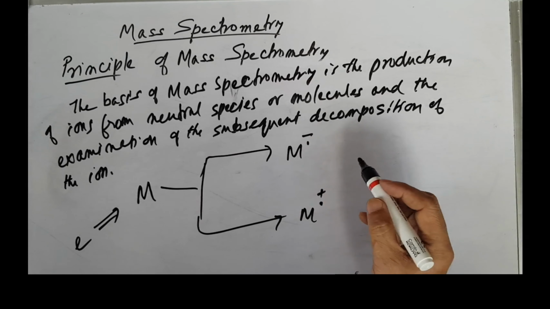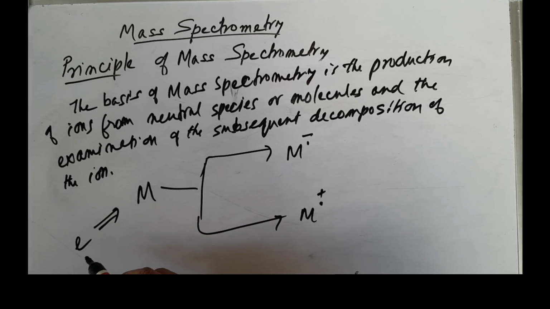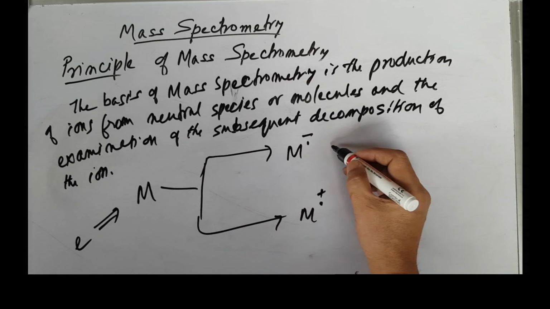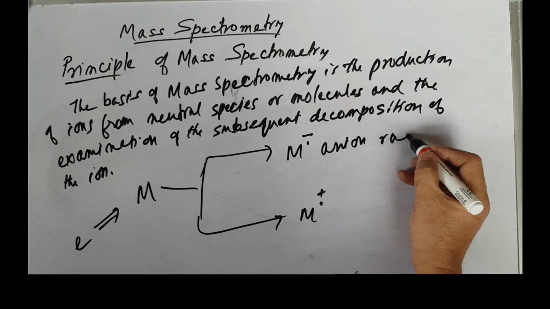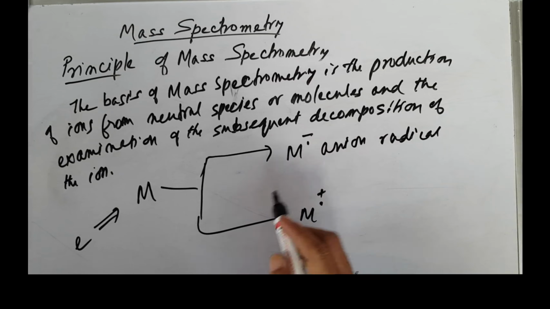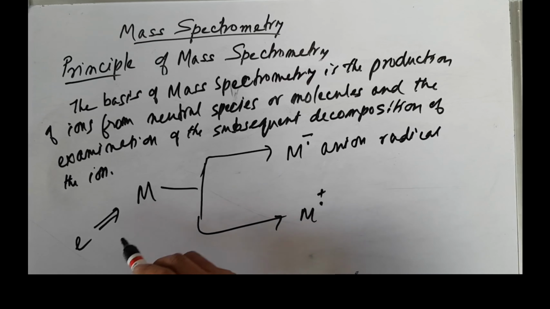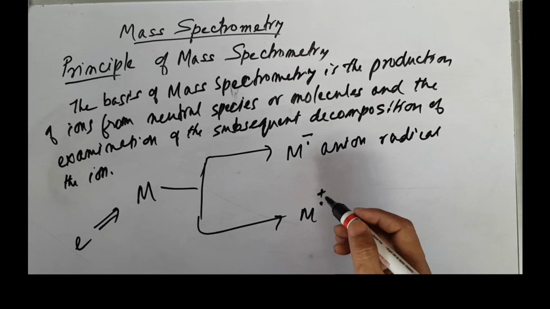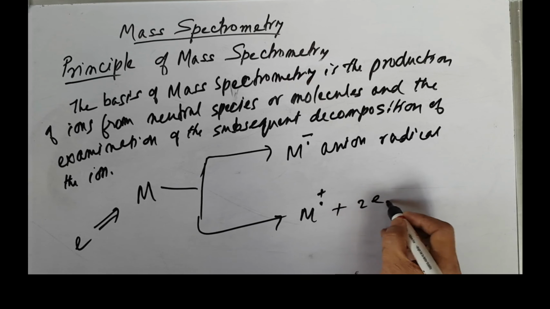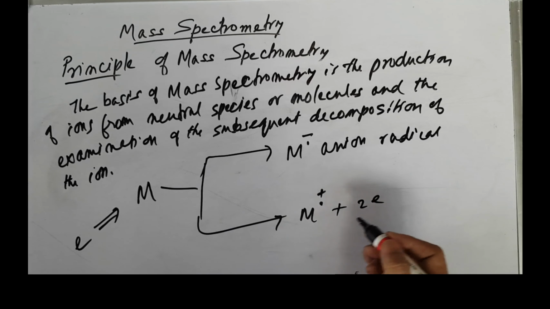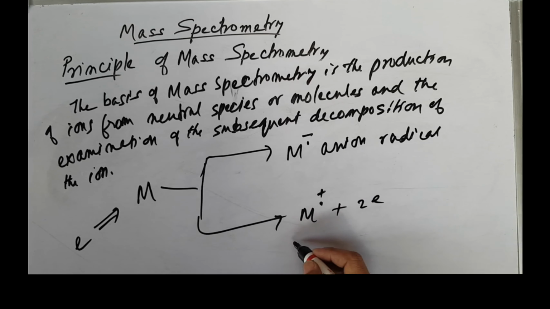In the first case, when the high energy electrons bombard the neutral molecules, the molecule traps one electron, so it gives a negative charge anion radical. In the second case, the high energy electron knocks out one electron from the neutral species, so it gets a positive charge, and it is called a cation radical.